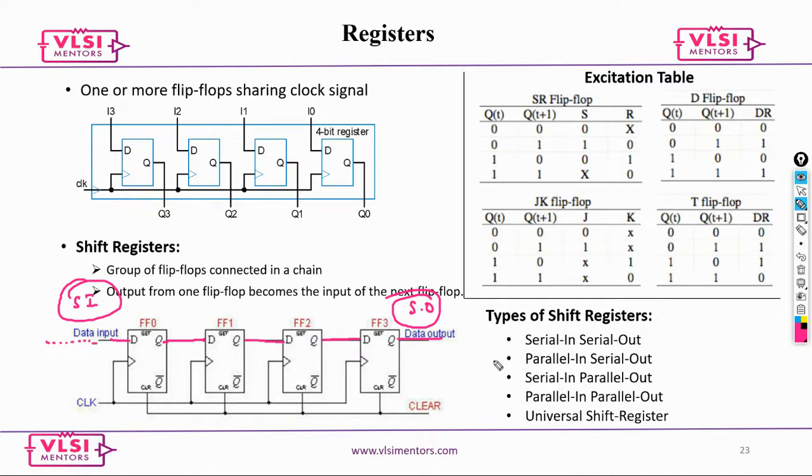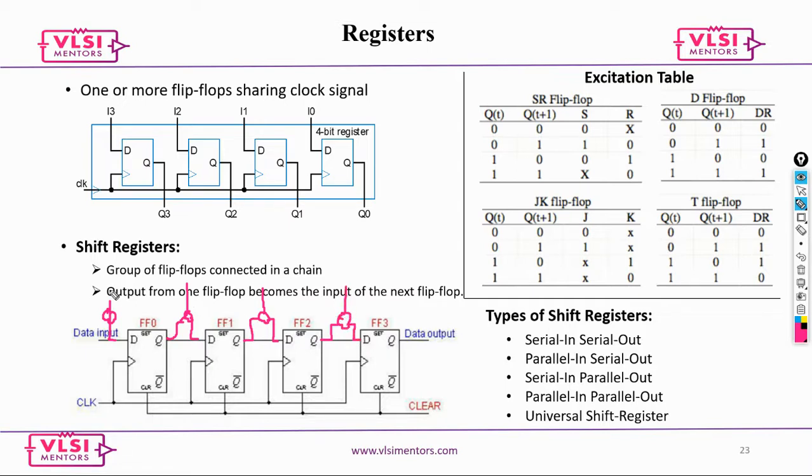Now, when you say parallel in, serial out, what this means is that each and every flop will have a logic here.